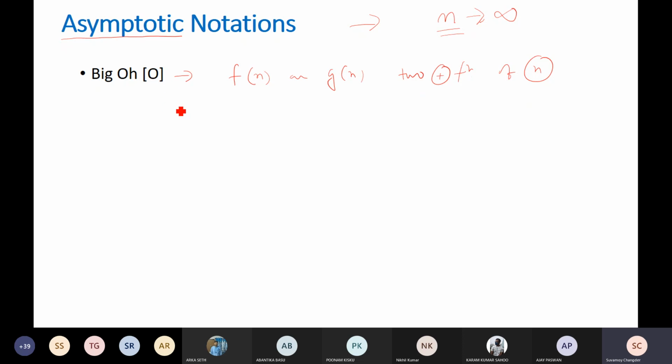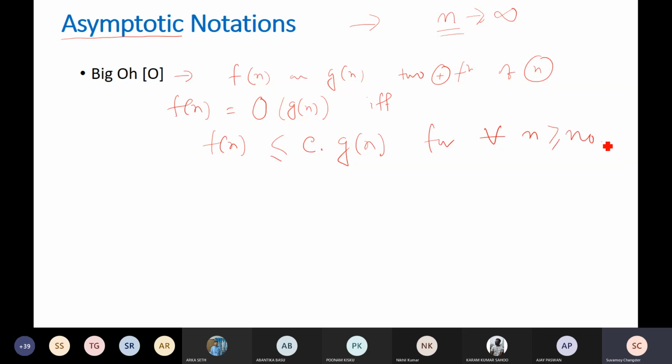So we can say that f(n) can be bounded as big O of g(n) if and only if f(n) is less than or equal to some constant c into g(n) for all values of n greater than or equal to n0.